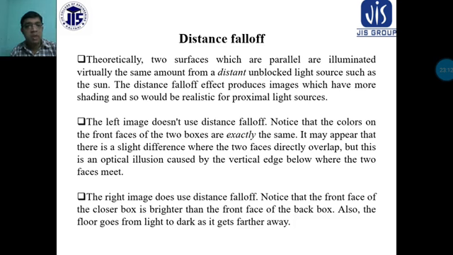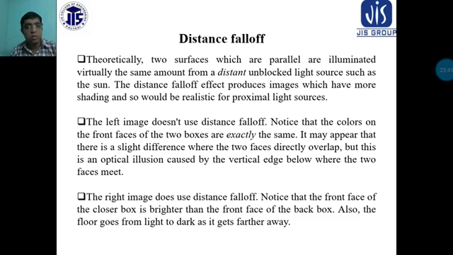It may appear that there is a slight difference where the two faces directly overlap, but this is an optical illusion caused by the vertical edge below where the two faces meet. The right image does use distance falloff. Notice that the front face of the closer box is brighter than the front face of the other box.